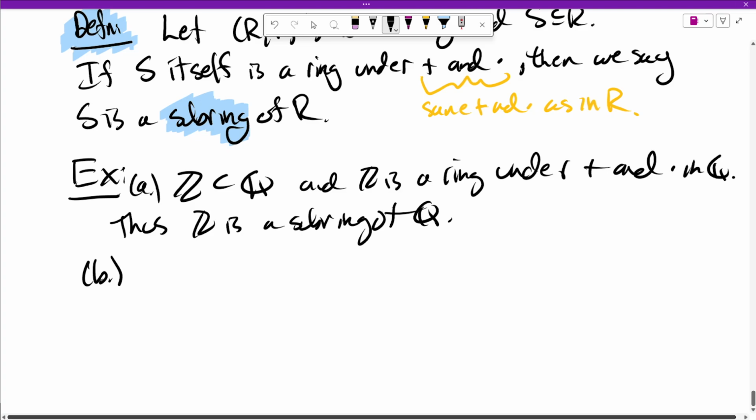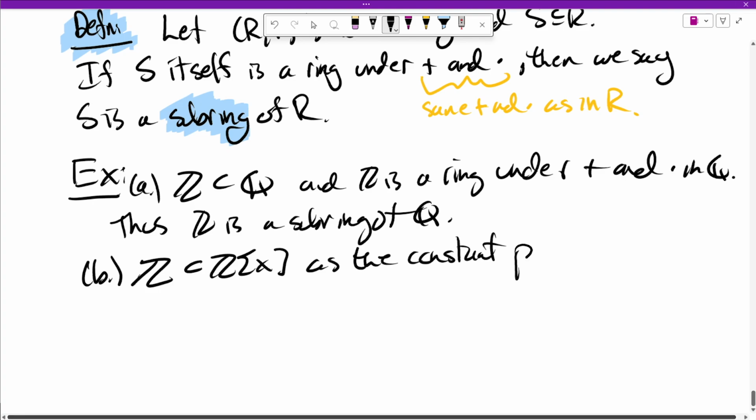All right, let's do a slightly less trivial example. Z is contained in Z adjoin X as the constant polynomials, the polynomials that output a constant.